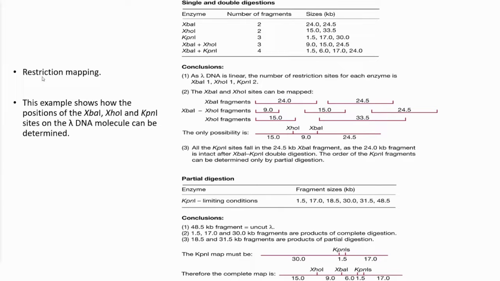That could be either 9-15 or 15-9, 2 different possibilities. Now you look at the single digestion. In step number 3, 15 is 33.5, so you know 15 must be here, and this gives you 33.5. So that would be the answer. That is how you construct the restriction map.